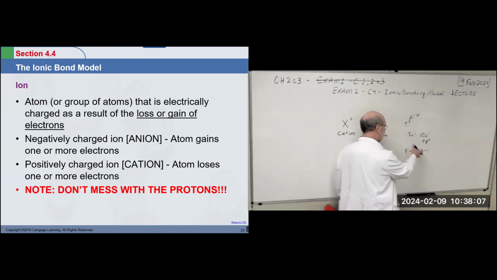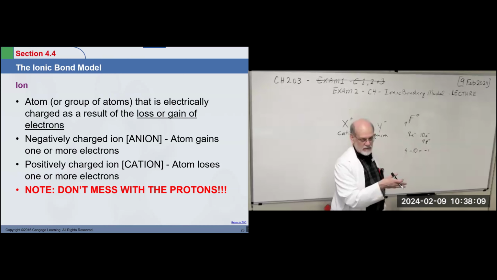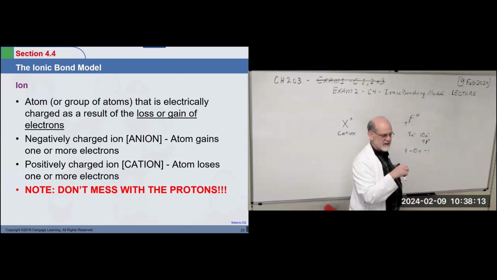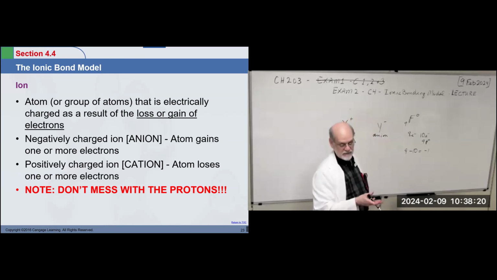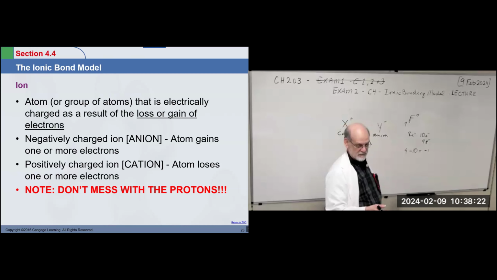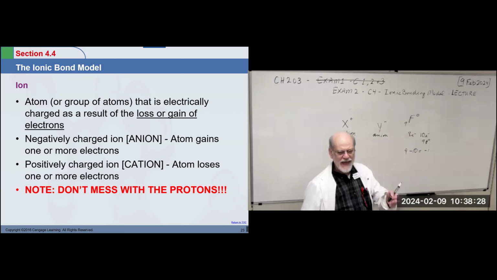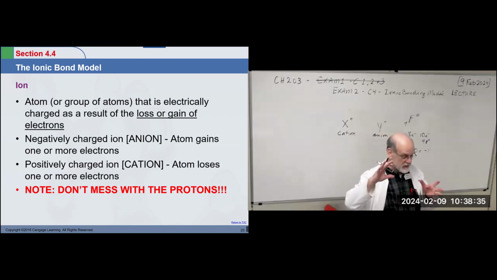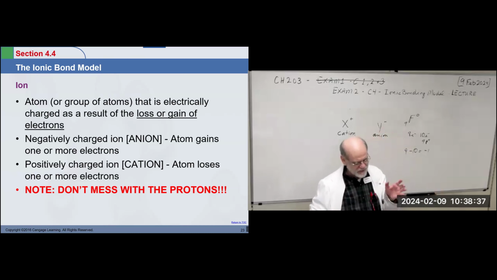So if you add an electron, you get a negative charge. If you add 2 electrons, you get 2 negative charges. Think of it as excess. Is it excess negative or excess positive? If it's sodium, it's excess positive. It's more protons than electrons. And that's where the charge on the ion comes from. For individual atoms, I should qualify that, because we do have polyatomic ions that have a charge, where you've got several atoms together, and that's another topic.